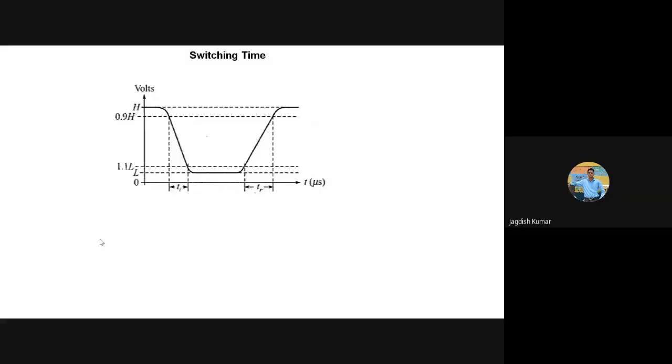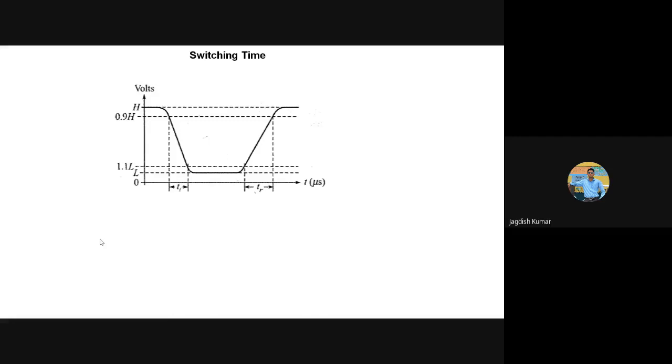There are certain things which are practically associated with the performance of our digital circuits. One thing is, say, switching time. What is the meaning of this switching time? Suppose our binary circuit is in the high state, then ideally or theoretically what we expect is that if it goes from one state to zero state, it should not take any time.